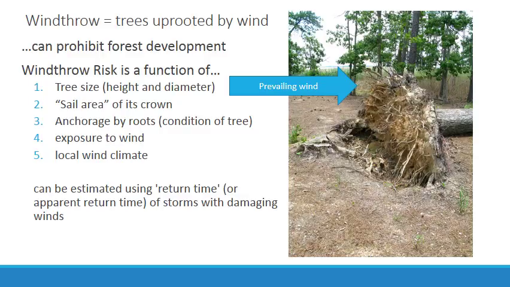So a common way of quantifying the risks of wind throw to a forest area is to model the probability or the return time of a wind speed that would damage those trees at the location.